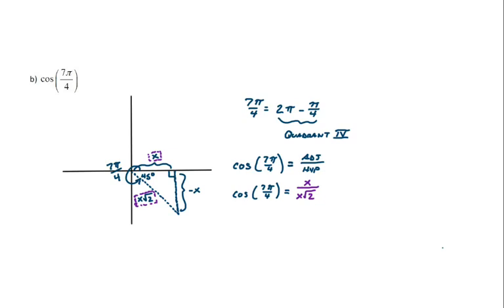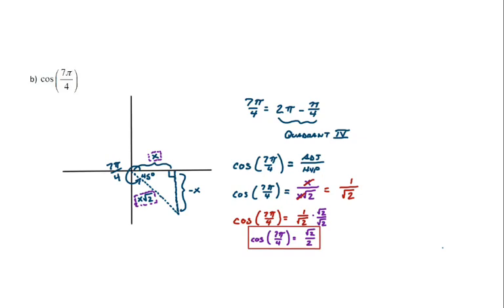Well, the x's in this case would actually reduce, and what I'd have is 1 over the square root of 2. And if I have a radical in the denominator, I want to quickly rationalize that to find the value of cosine in a form that we recognize a little bit more. So to do that, I would multiply the top and bottom by the square root of 2. And what that would give me is the numerator would become 1 times the square root of 2, which is the square root of 2.